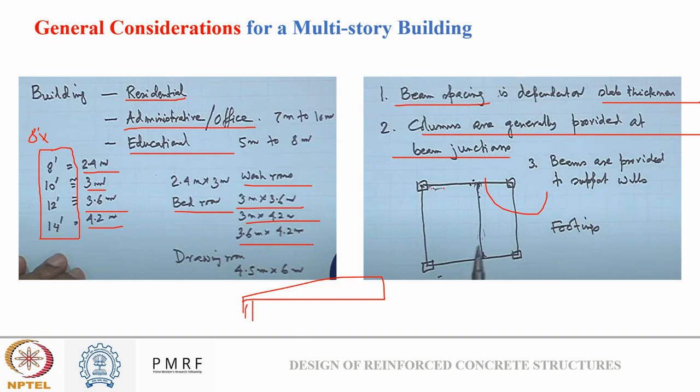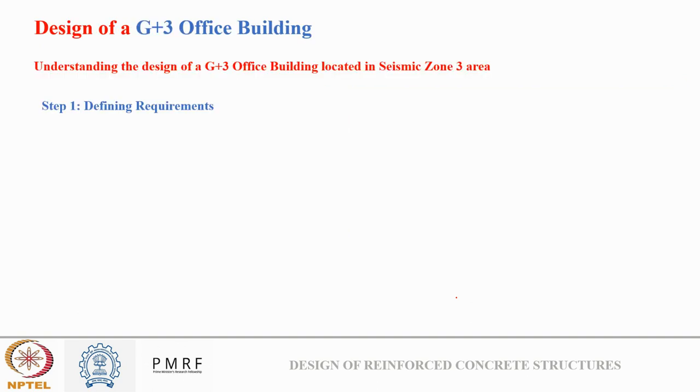At the intersection of two slabs, or where two beams from opposite directions intersect, there is one column. So this is how we should have a general knowledge of how a design can be carried out: where we need to provide a beam, where we need to provide a column, what the dimension of everything should be, and so on.